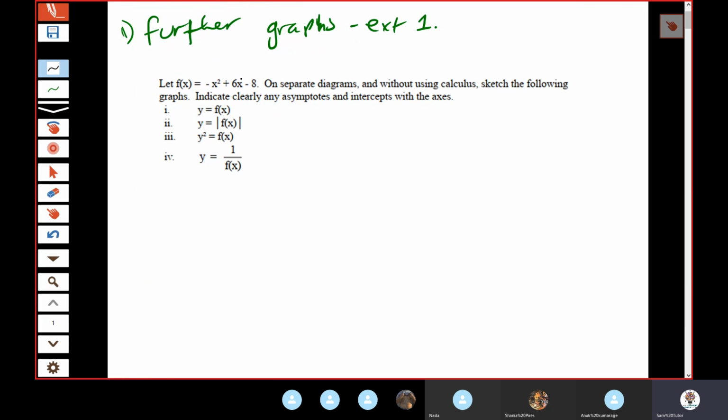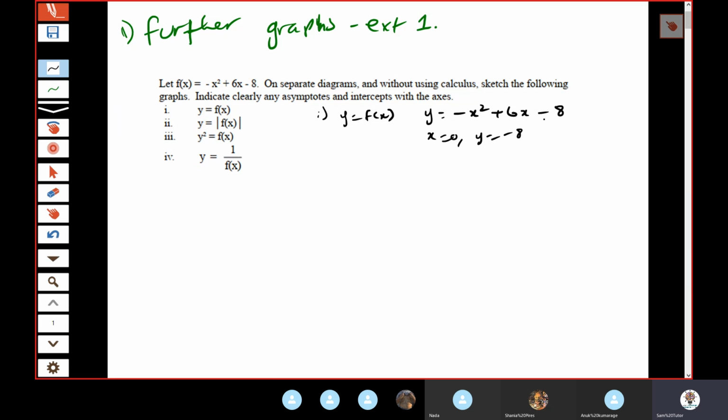A question that has this, I first look at that and I go, okay, well, I know that's a parabola. So if I'm going to draw y equals f of x, the first thing I would need is my intercepts. When x equals 0, I get y equals negative 8.